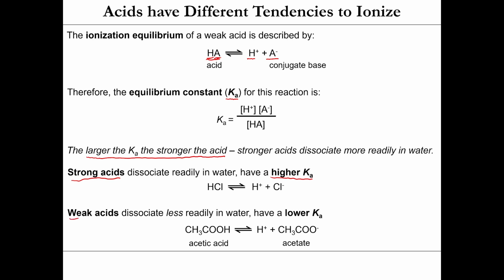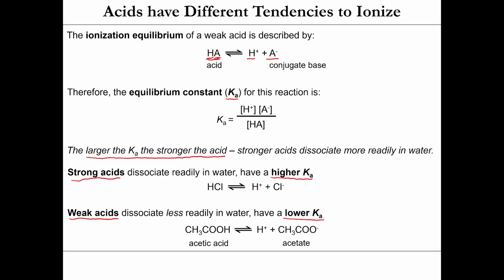Whereas weak acids, which we'll encounter more in this course, are going to dissociate less readily in water. So acetic acid is going to dissociate less readily than hydrochloric acid and thus have a lower Ka.